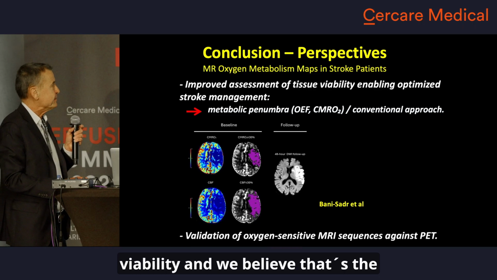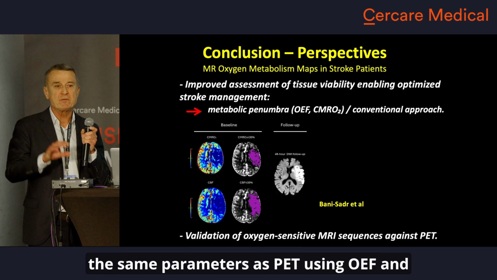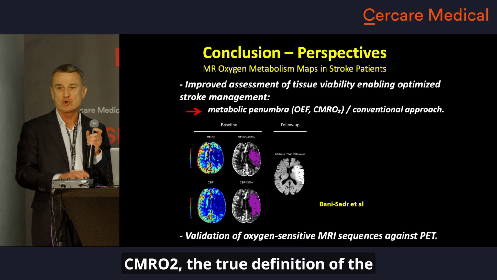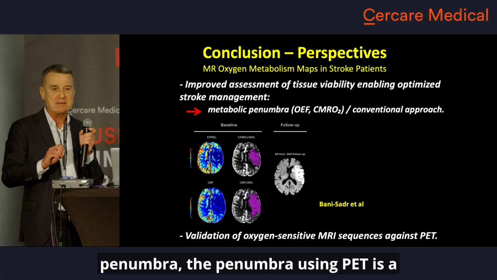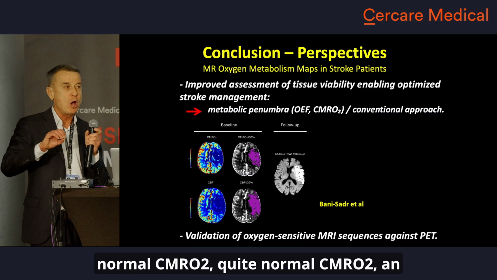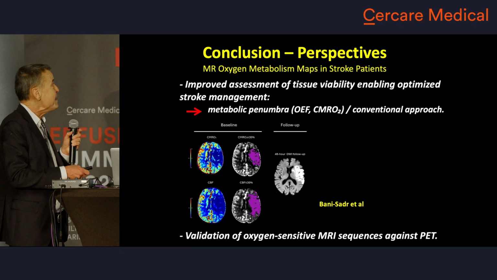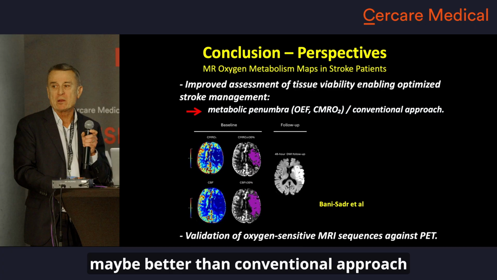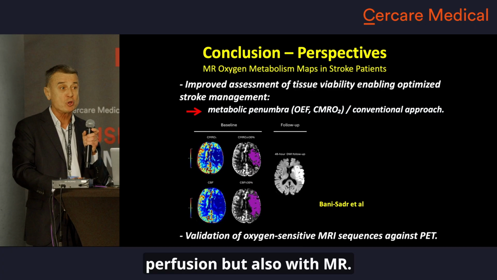And we believe that the evaluation of metabolic penumbra using the same parameters as PET, using OEF and CMRO₂, the true definition of the penumbra using PET is a normal CMRO₂, an increased OEF, and a decreased CBF. We believe maybe that this approach is better than the conventional approach, either with CT perfusion, but also with MR.